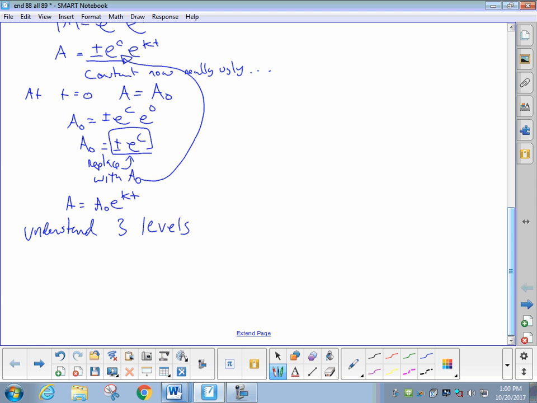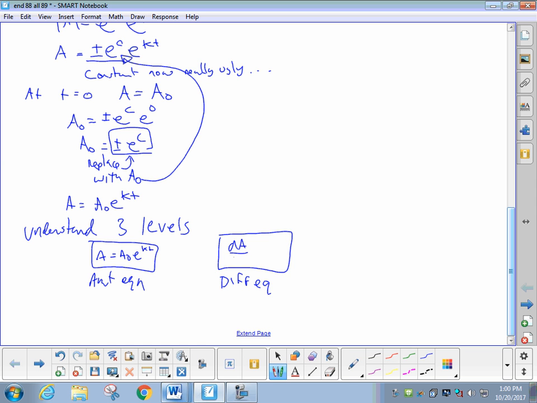You need to know the amount equation. Now that's not usually an issue. You've been dealing with that forever. You need to know the differential equation associated with it, which is, if they give you that the rate of change in the amount is equal to some proportion of the amount, then that means exponential growth or decay.